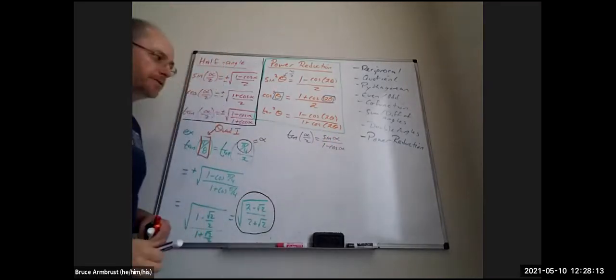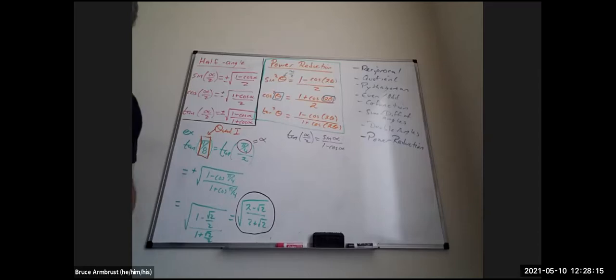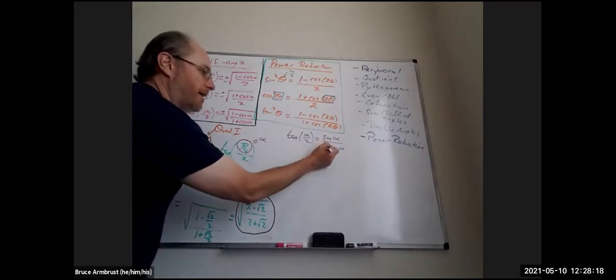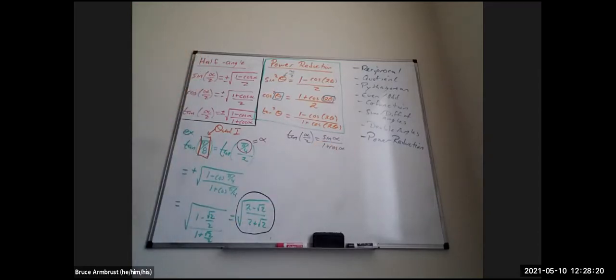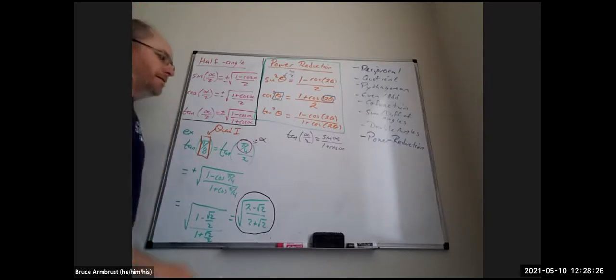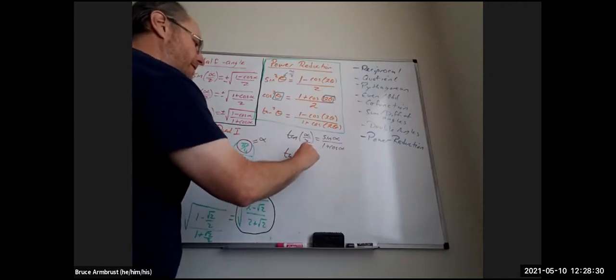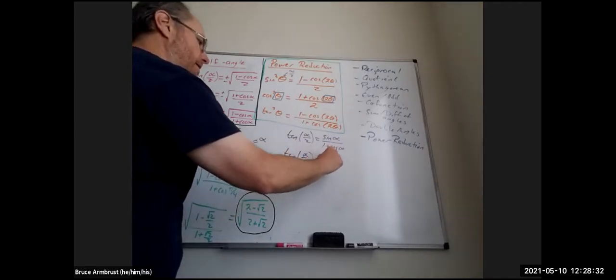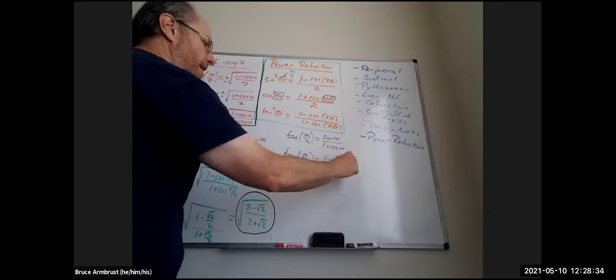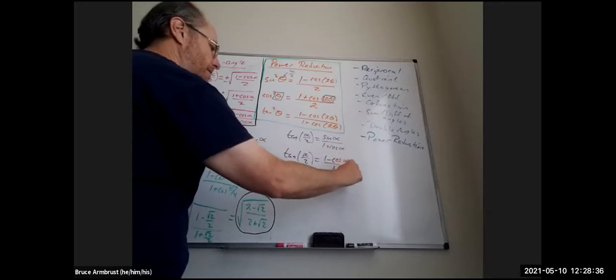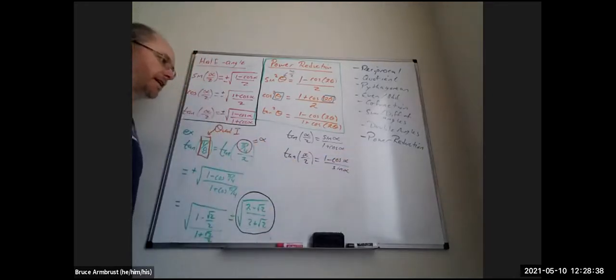The first one is the sine of alpha over 1 plus cosine of alpha. And then a secondary version that's very similar is 1 minus cosine alpha over sine alpha.